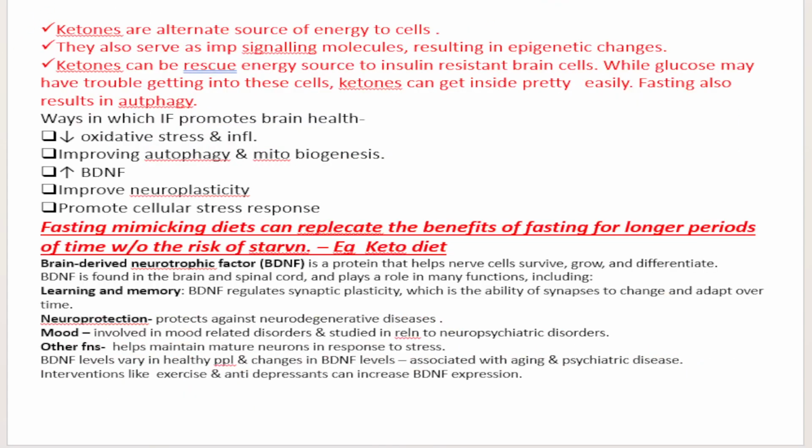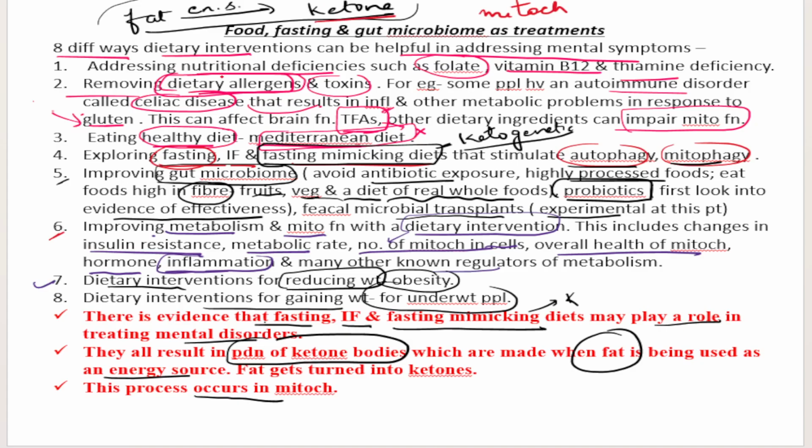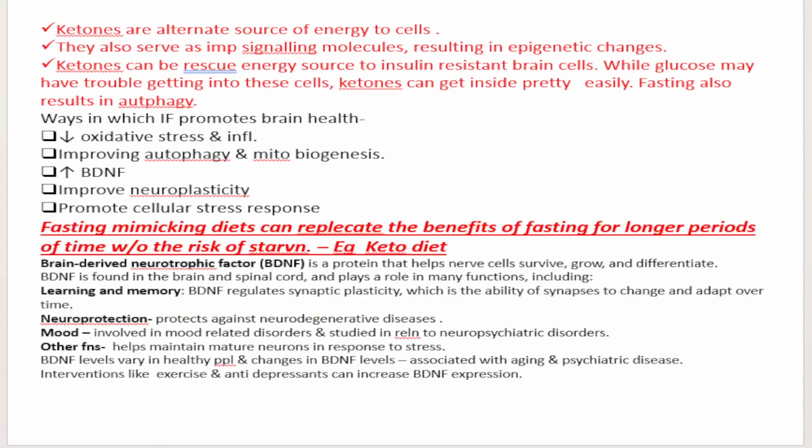Now the fat is being turned into ketones, and these ketones act as an alternate source of energy for the cells. Suppose the cells in the brain are already insulin resistant. They are not letting insulin enter into them. But ketones can get into these cells easily. So it helps overcome the problem of insulin resistance also.